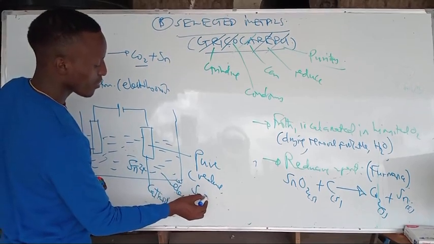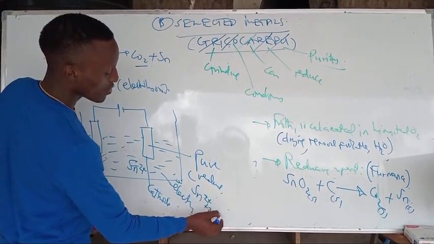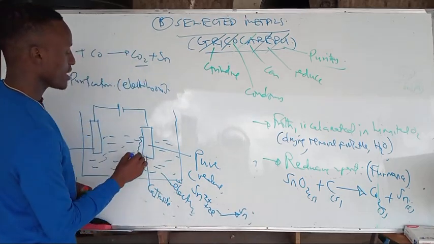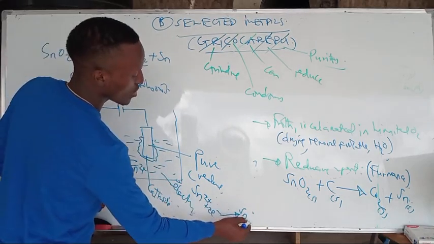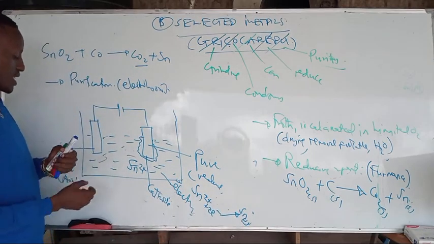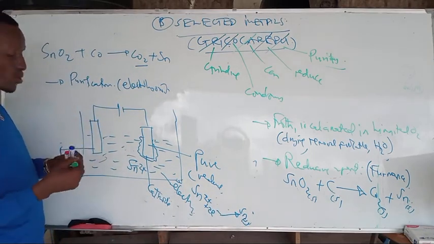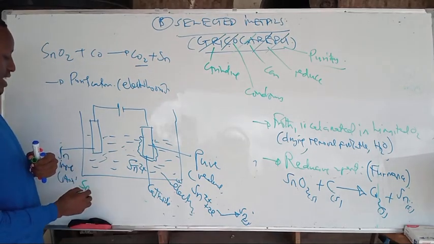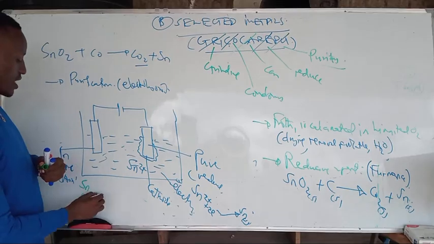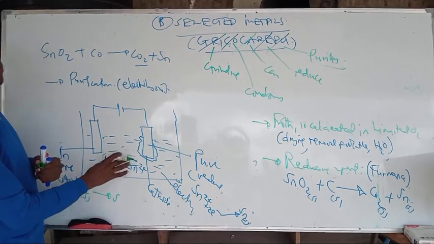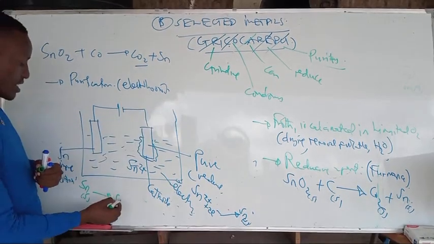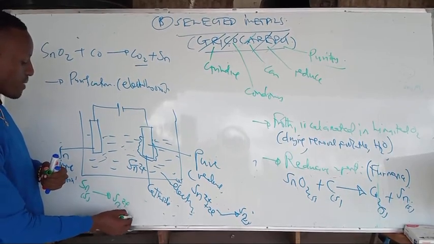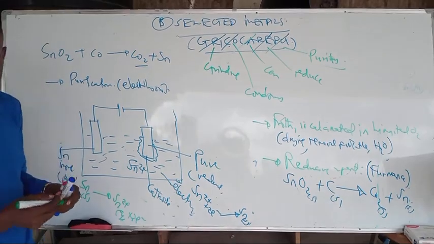Tin positive ions receive the electrons and solidify at the electrode side, so the deposition occurs here as a solid. At the anode, the oxidation process happens: the solid Sn is turned into ions, which dissolve and are then reduced at the cathode. So we have Sn2+ (aq) plus two electrons. That's what's happening.